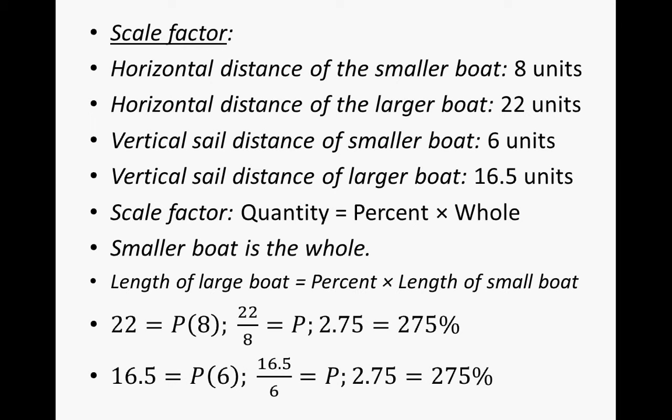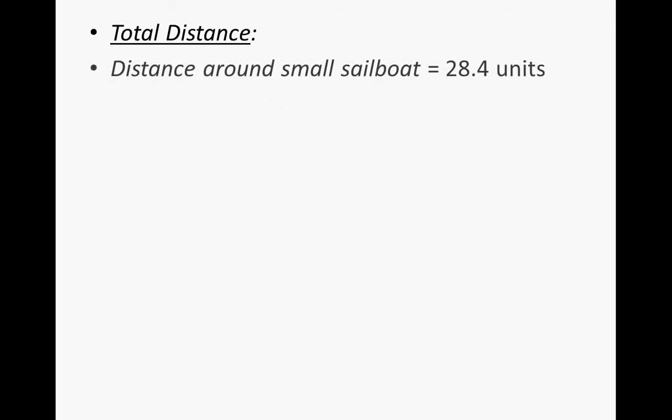If we check the other lengths, 16.5 is equal to percent times 6. So 16.5 divided by 6 is the percent, which is 2 75/100ths, which is also 275%. So the total distance, knowing that we have our scale factor: the distance around the small boat is 28 4/10 units.